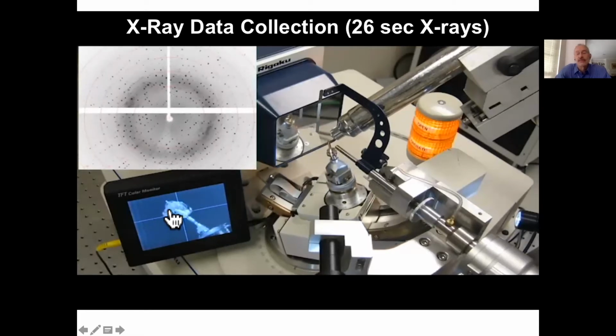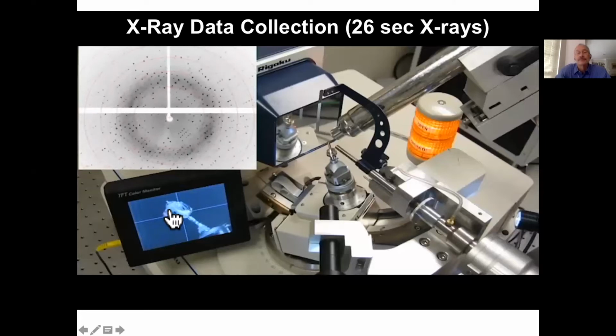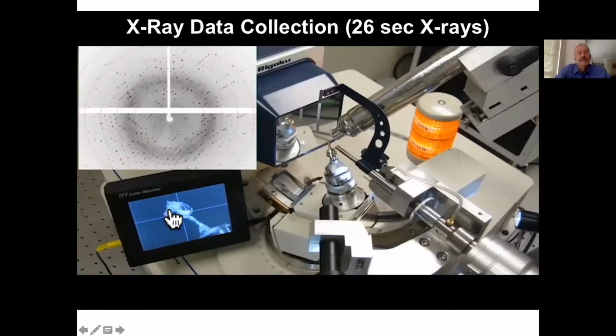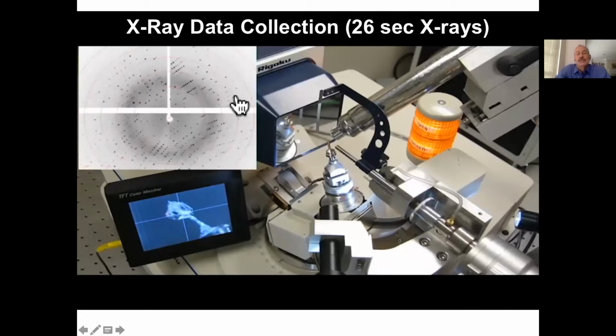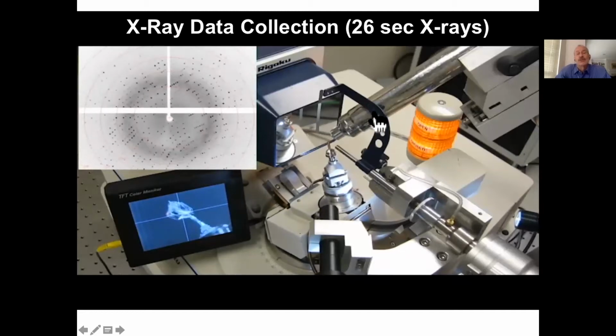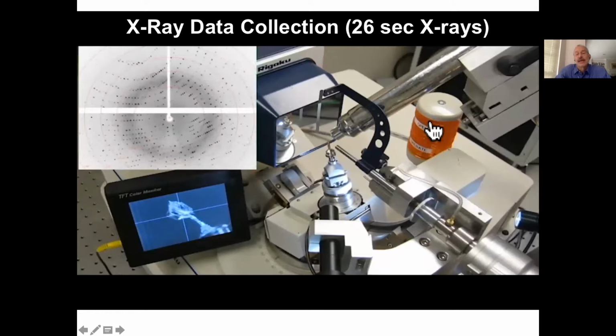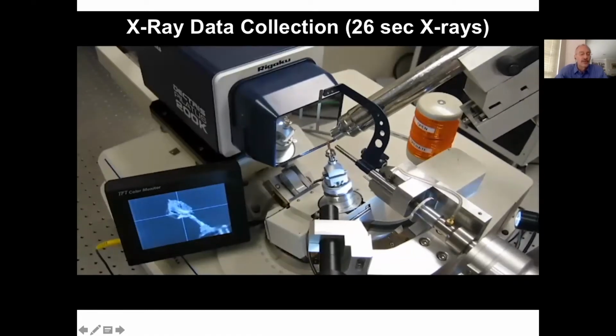This is a fairly large crystal of hen egg white lysozyme. And you're seeing the Bragg spots and so on. This took about 26 seconds, and the shutter closed and the experiment is done. We have collected enough data to solve the phase problem.